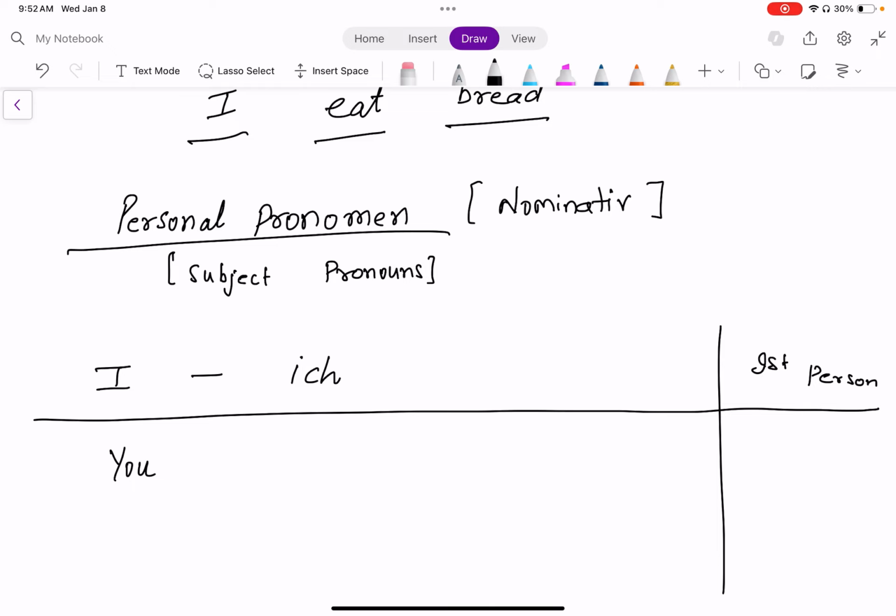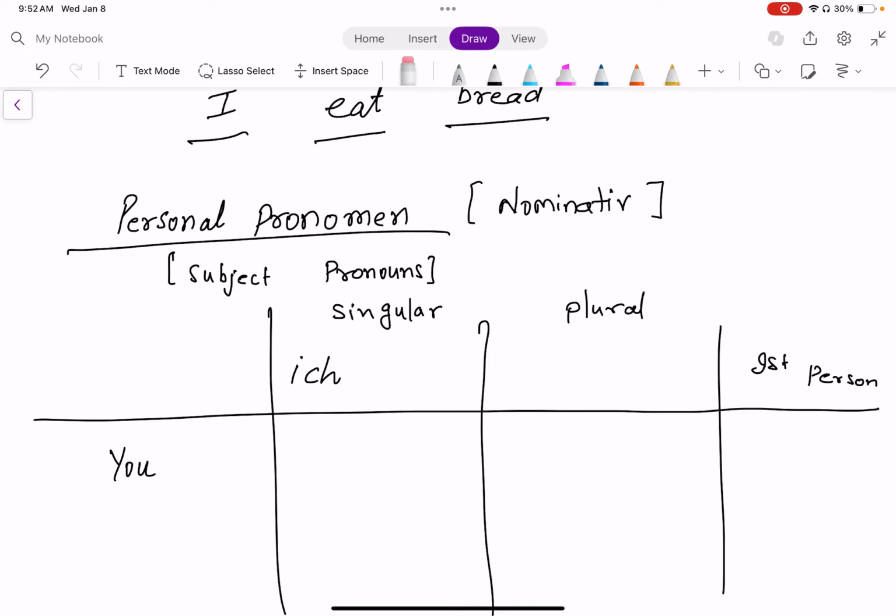Let me draw it like this. This is singular, and this is plural. Ich means I. When we say plural, it's wir. Wir means we.